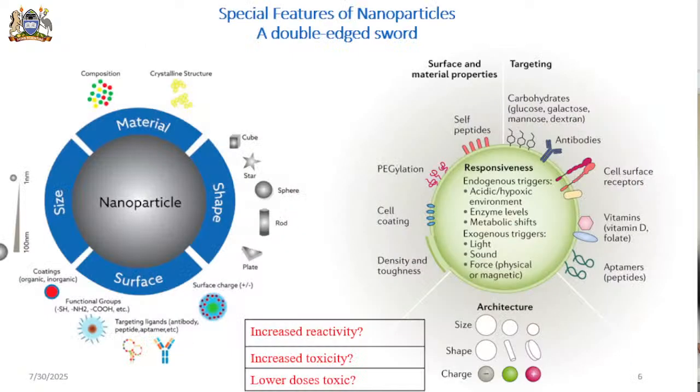So I'm saying that nano is a double-edged sword. Today when I look back, around 2010, when Kibaki was in government, I was very happy that he was going to sign the adoption of GMOs. At that time, I think I was in my first year of master's.